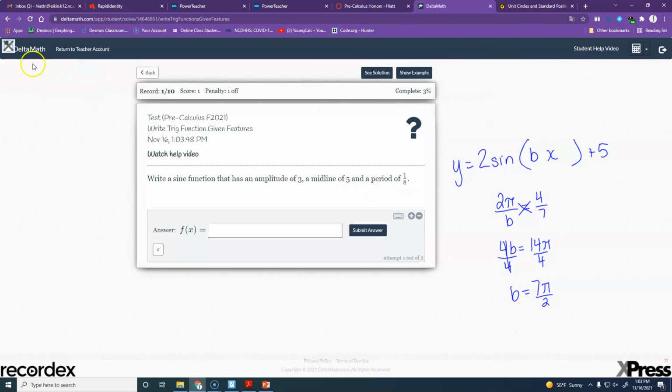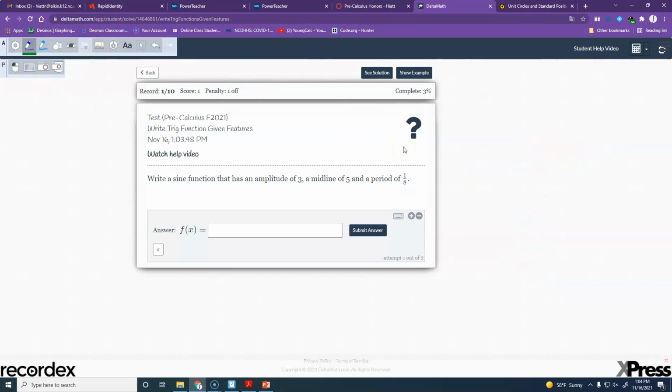Let's do this one just to make sure you guys are with me on this. For this one, sine function, amplitude is 3, and then the midline is 5.